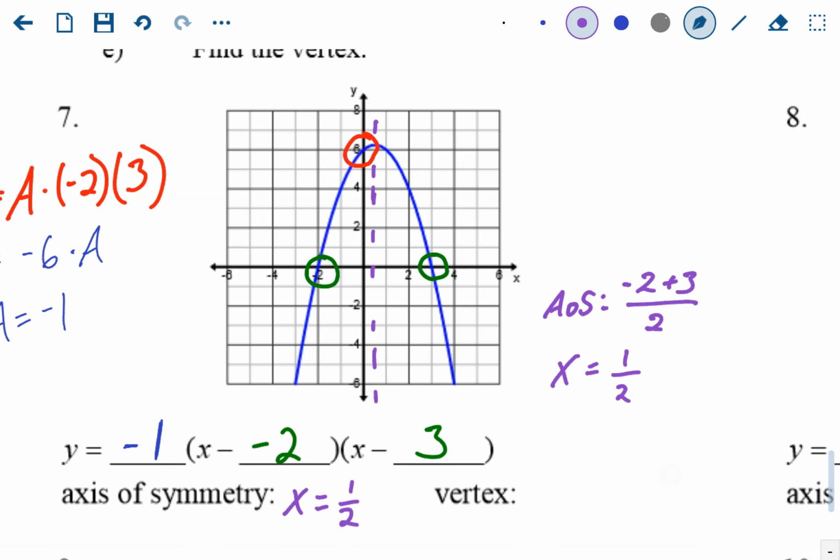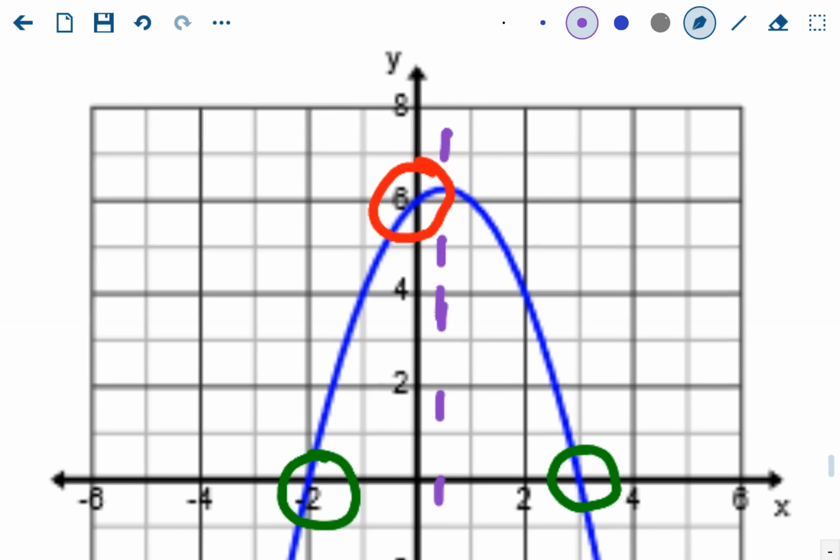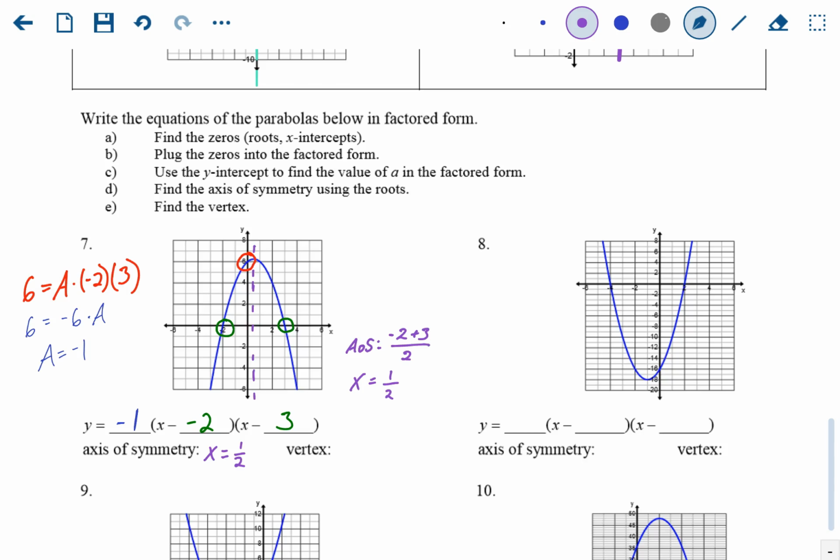Finally, the vertex. The vertex is a little harder to see. Okay, we know it's a little above 6, but we can't see it. It's below 7. It's probably 6 1/4. But we can find out for sure because we now know what the equation is. So to find the vertex, we're just going to plug in 1/2 into the equation. So it's going to be -1 times 1/2 minus 2 minus -2, so I might as well now write that as a plus, and then 1/2 minus 3. Okay.